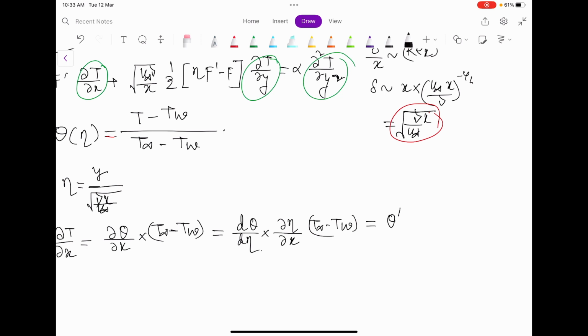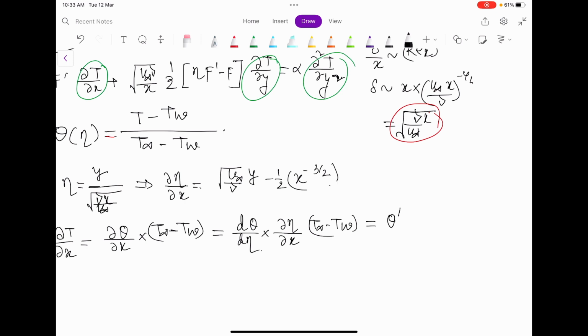But now we know the form of eta, so del eta del x is u infinity by nu y, with x to the power minus half, so minus half x to the power minus 3 by 2.